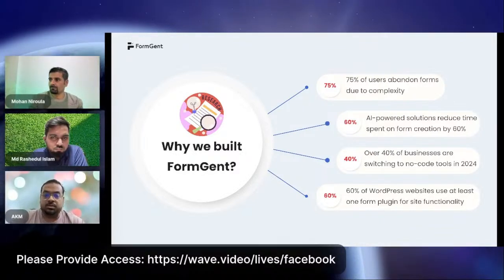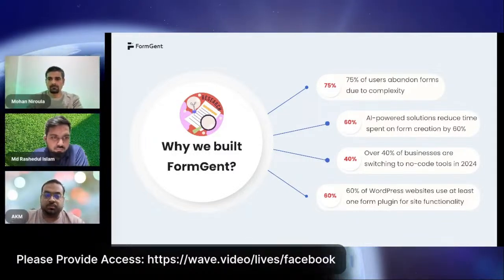Also, the future of web tools is heading toward no-code solutions, meaning you don't need to be a programmer to create something. According to a study, 40% of businesses already adopt no-code tools to speed up their workflows. So FormGent is right at the center of this trend, helping users of all skill levels.